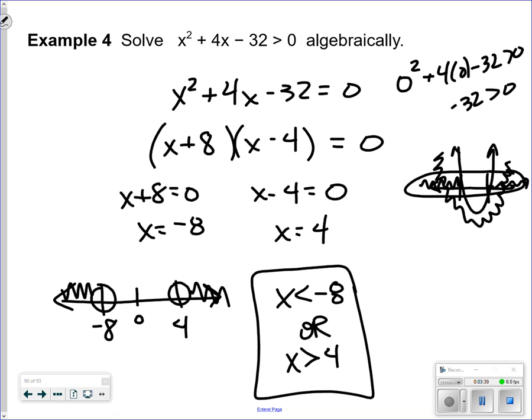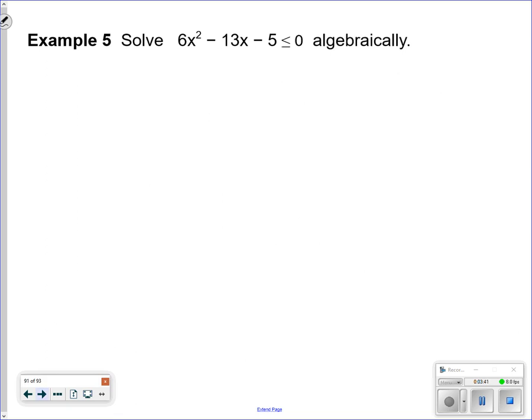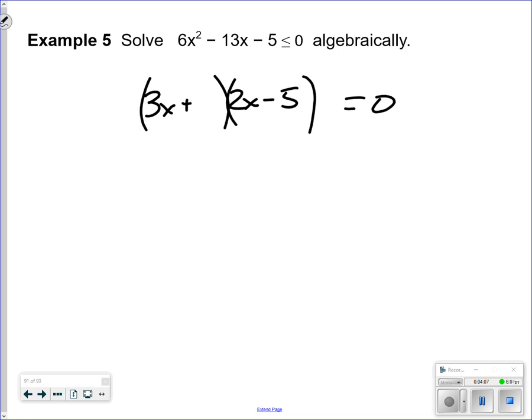All right, let's try the next one. This one's a little harder to factor. If you're not very good at factoring, then you probably should use the quadratic formula. So now, again, I would probably factor this. 3 times 2 is a good way to get 6. Negative 5 times positive 1 is a good way to get negative 5.